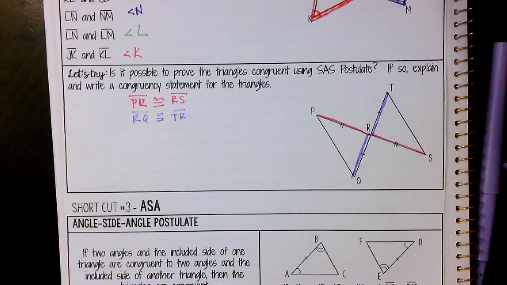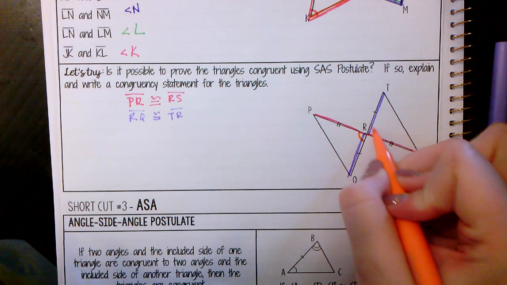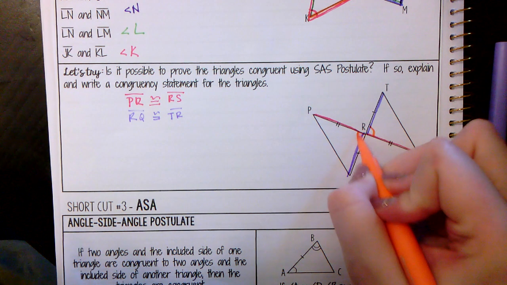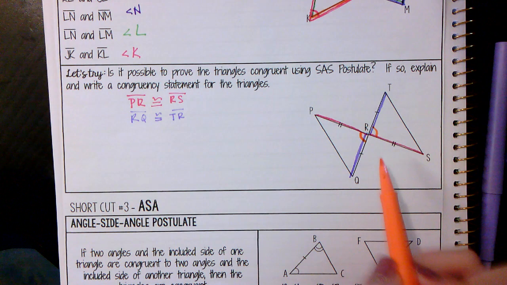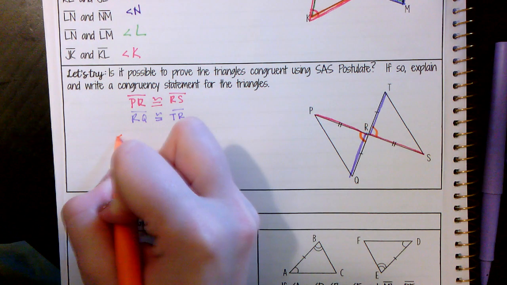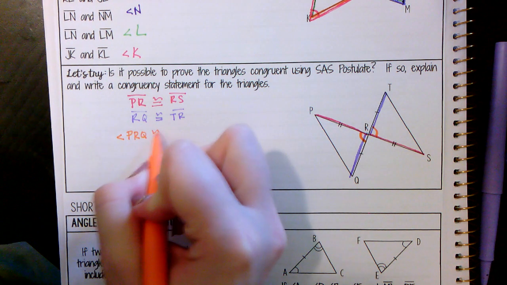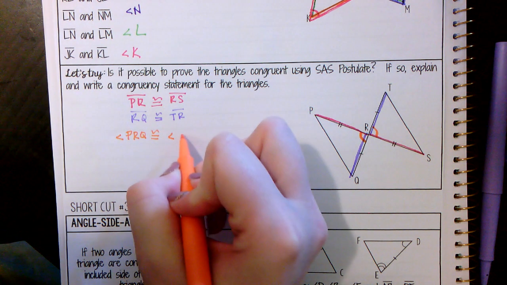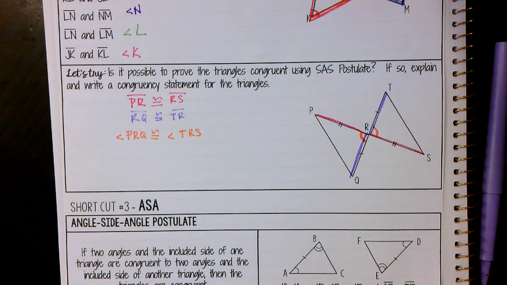And lastly, I know that any angles that are opposite of each other are the same. So I know that angle PRQ is congruent to angle TRS, right?